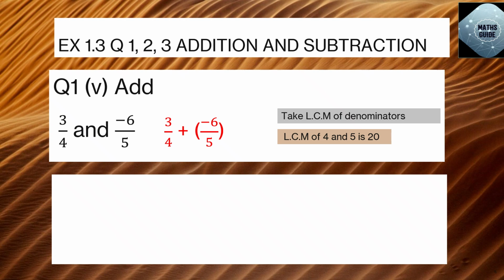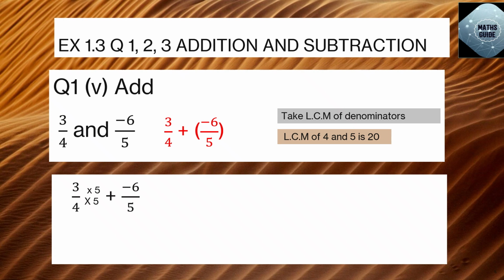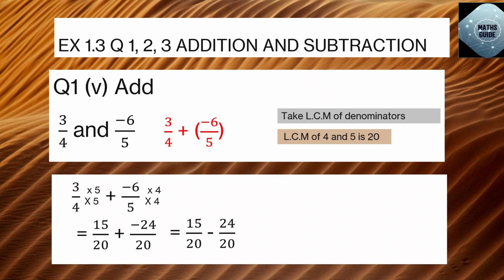So let's make their common denominator. 3/4 will be multiplied by 5, and minus 6/5 will be multiplied by 4 to make their denominator 20. Now we will resolve these two signs into a single operator, and according to the rules of integers, plus minus is minus. So now we have a negative sign in between.